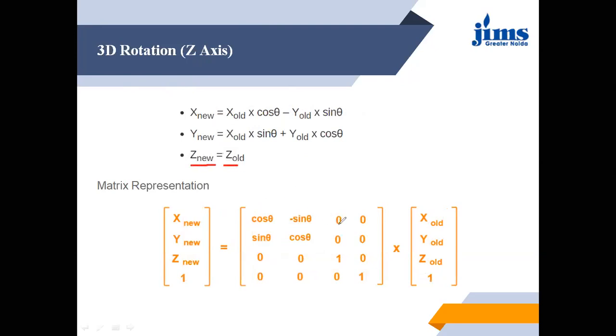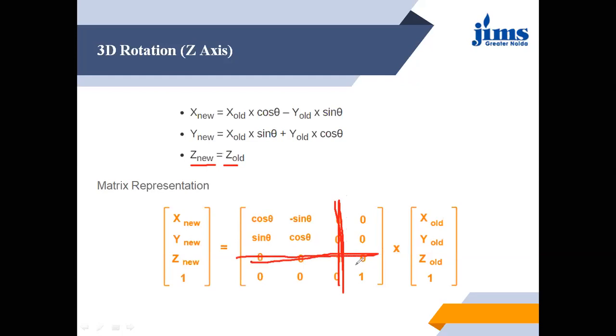So here you can see that the angle theta does not have any effect on the z coordinate. Over here also you can see that it does not have any effect on the z coordinate.